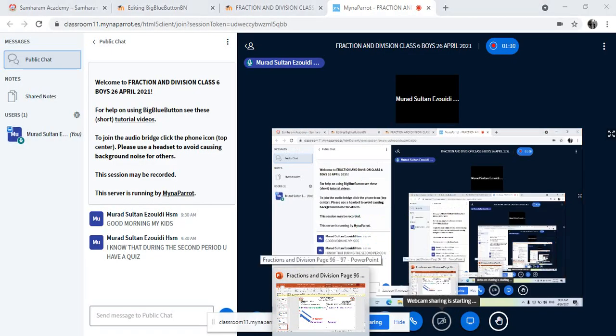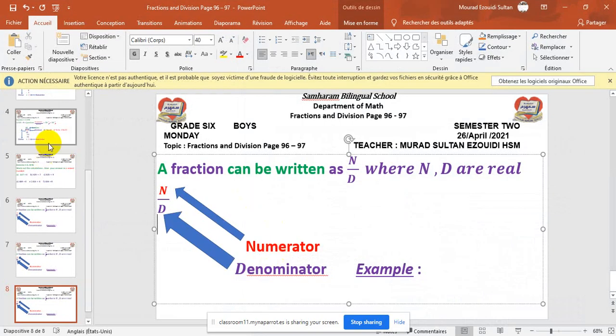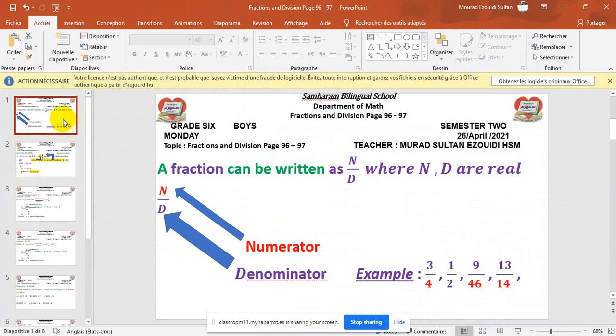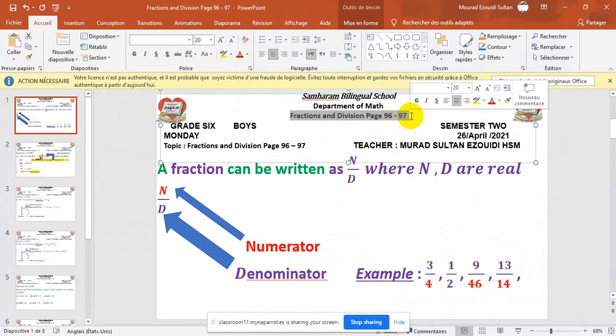I will come here. So look here, the title of our lesson is Fraction and Division, pages 96 and 97. Samahan Bilingual School, Department of Math. This is the title of your lesson.